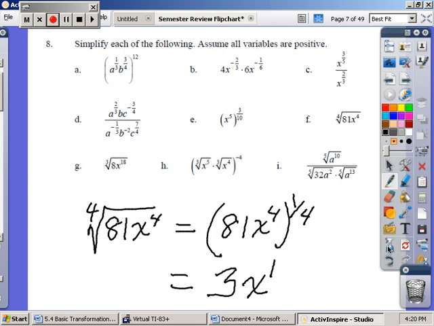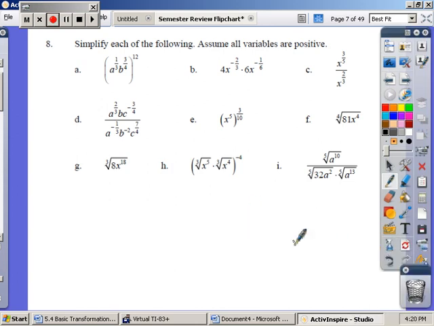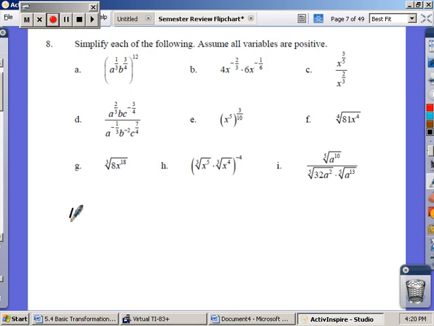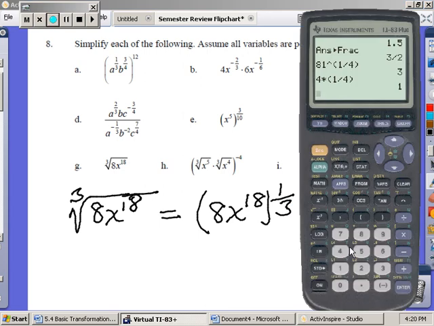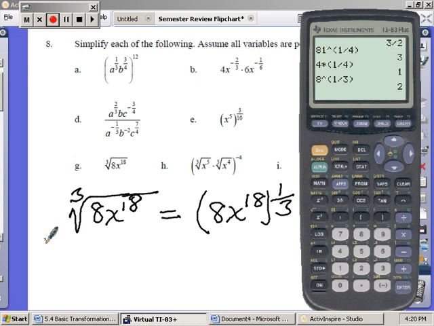Okay, letter G. The cube root of 8x to the 18th. I rewrite the cube root as 8x to the 18th to the 1/3. On my calculator, 8 caret parentheses 1 divided by 3 parentheses is 2.